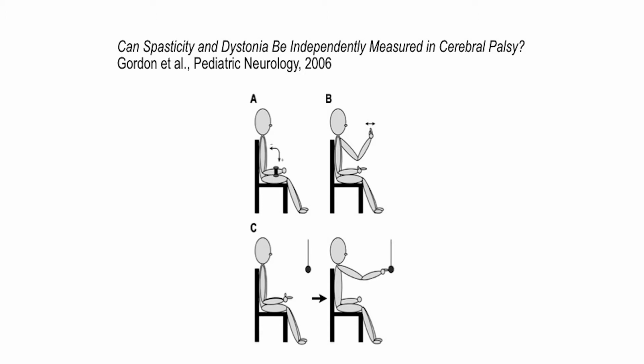The idea of picture B is that while the child is touching his nose with, for example, the right upper limb, the electromyographic activity on the contralateral limb is measured. And so that measures the overflow when the patient is doing a voluntary movement.